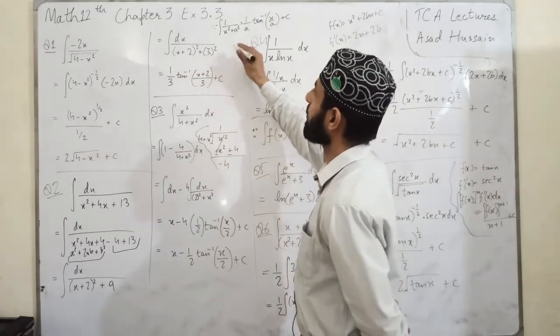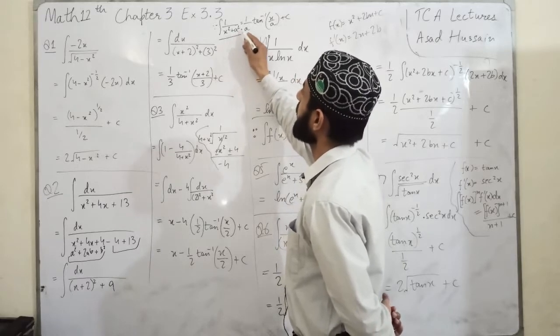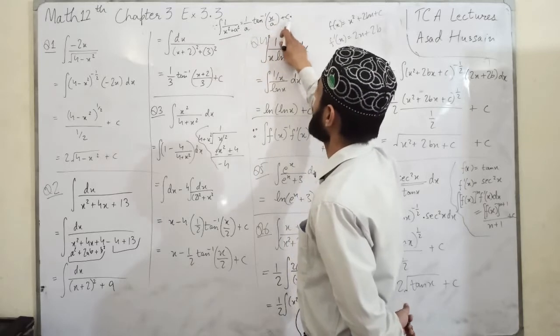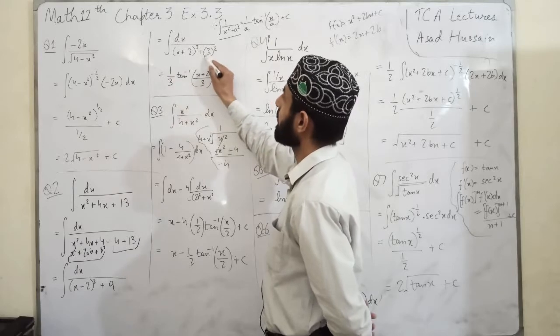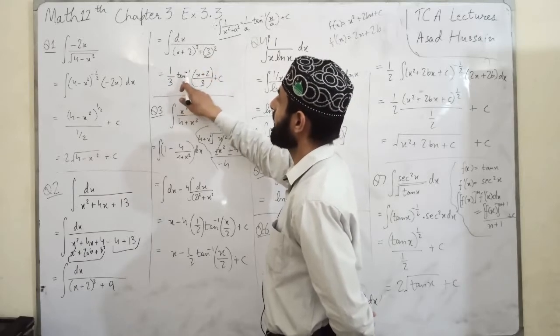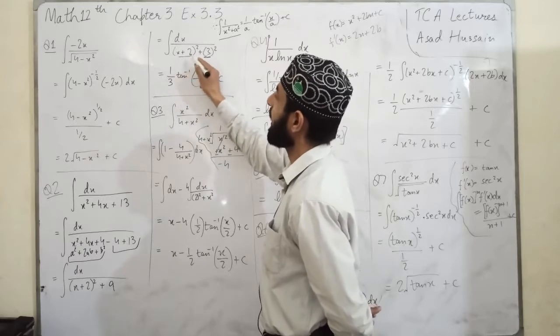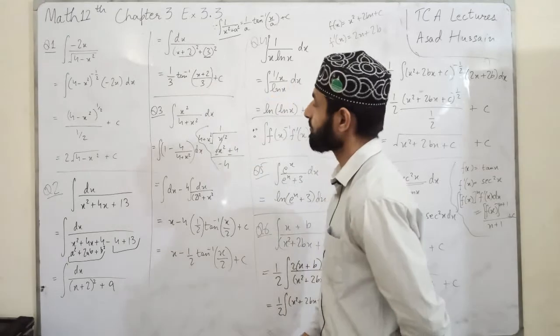This completes the formula: integral 1 over x square plus a square is equal to 1 over a tan inverse x over a plus c. So, the answer would be 1 over 3 tan inverse of x plus 2 over 3 plus c.